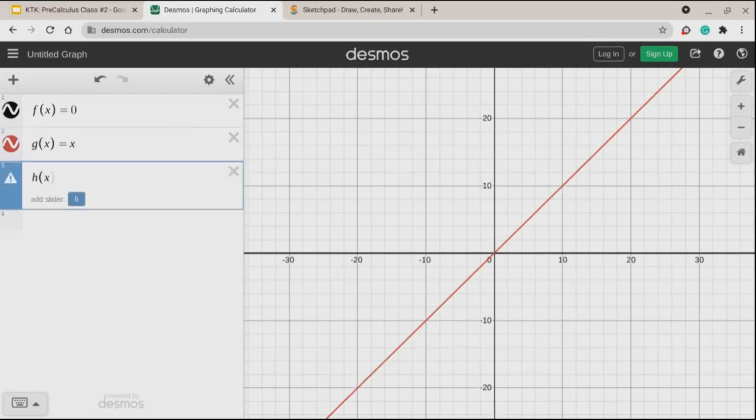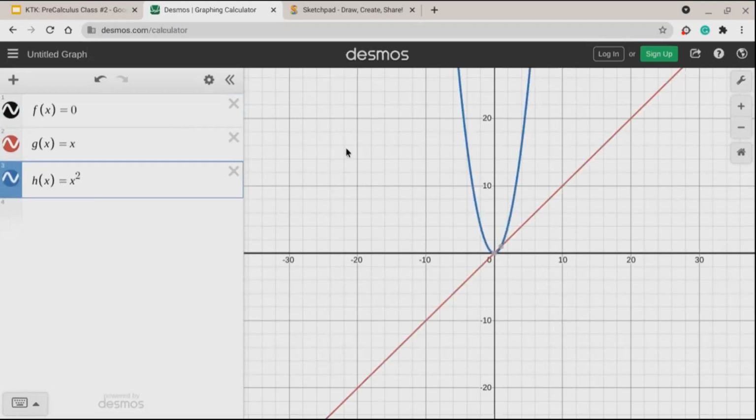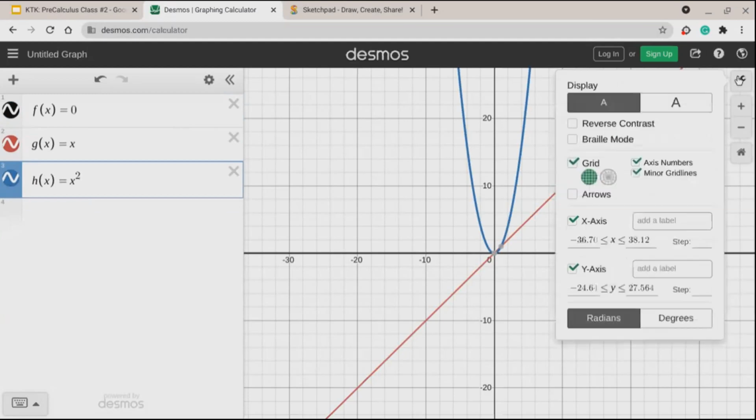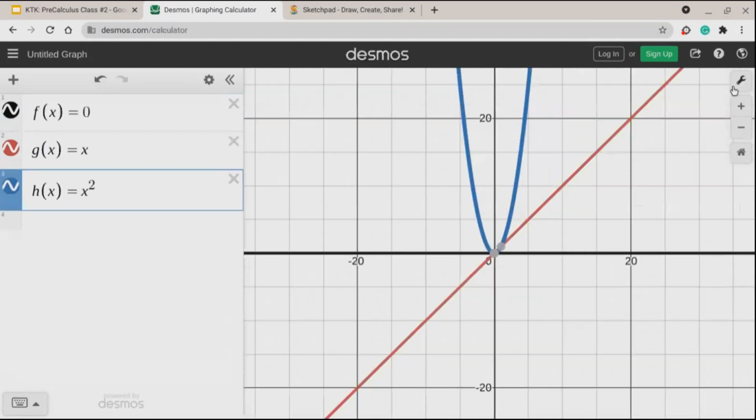h of x is equal to, let's see, x squared, which is our quadratic equation. We see that right here. Let me make it a little bit thicker. Yeah, there we go. And that's our quadratic equation we see right there. j of x is equal to x cubed.